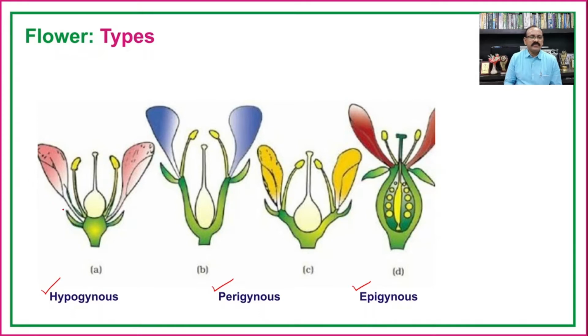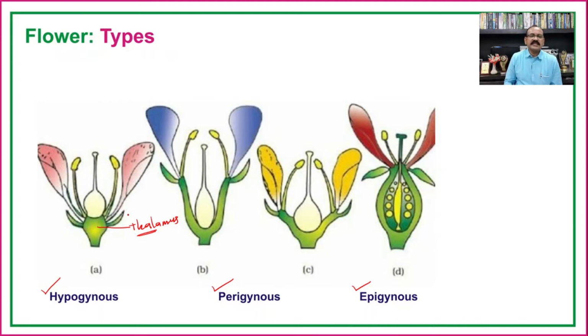As we know, the terminal swollen part of the pedicel is known as thalamus, which is the site for the development of different floral whorls, that is calyx, corolla, androecium and gynoecium.